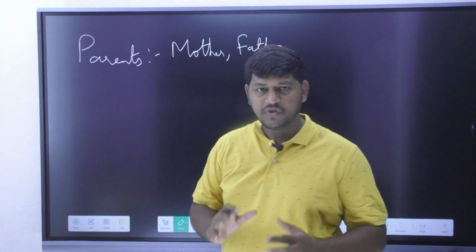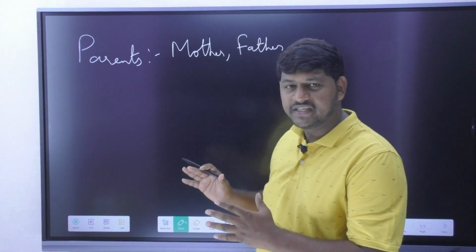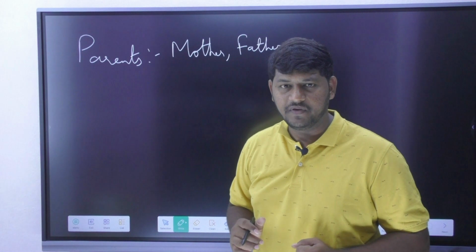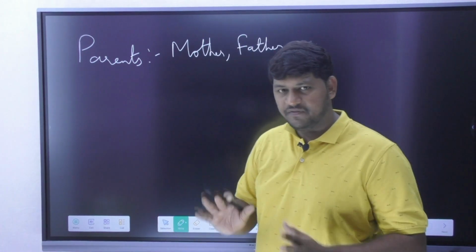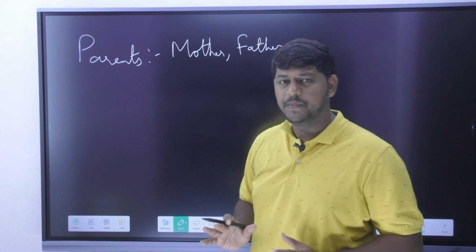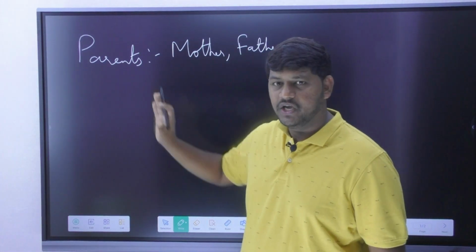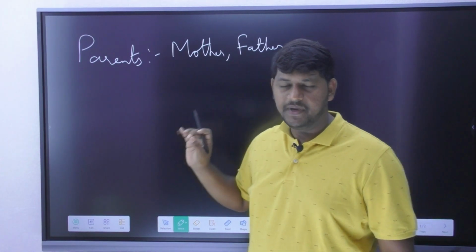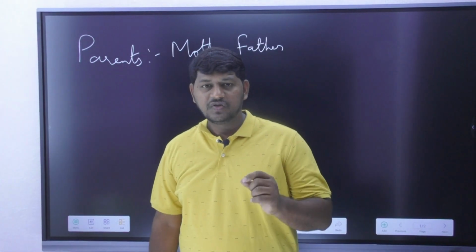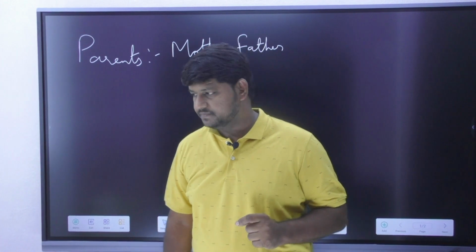Observe here, your parents belong to your previous generation, definitely. So the first and foremost important people are your parents, which include both your mother and your father. Am I correct?